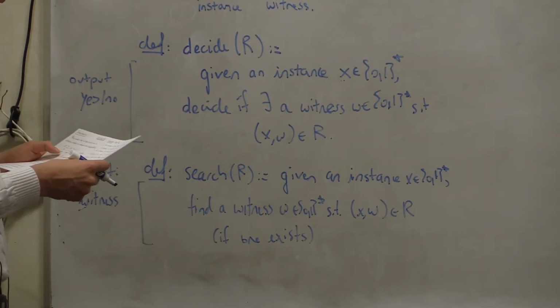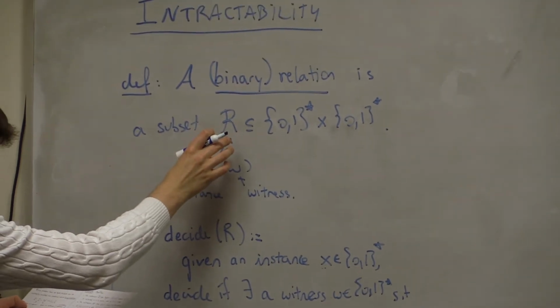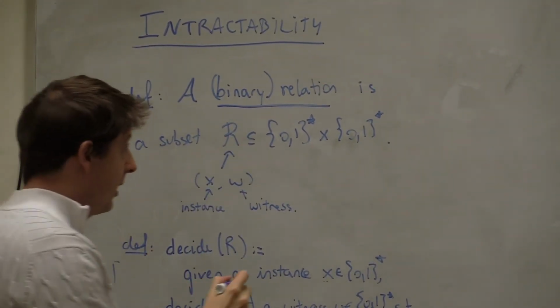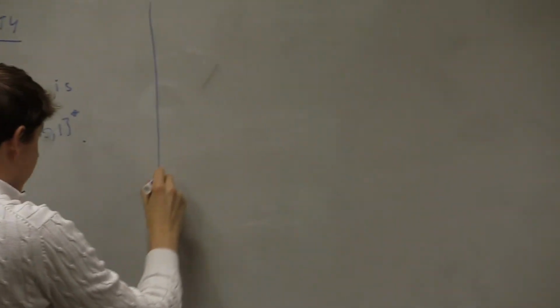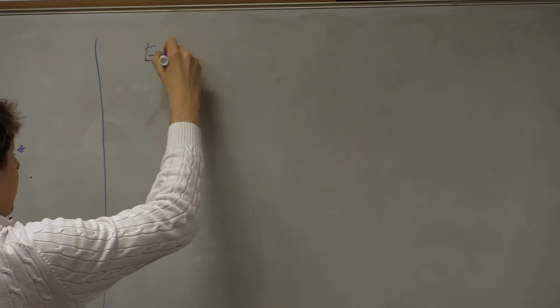But this is one way to express abstractly a computational problem, and I want to illustrate this with an example. So we've been using the example of max flow.